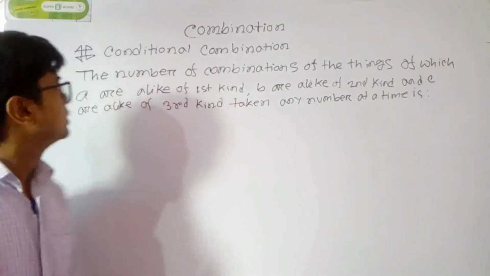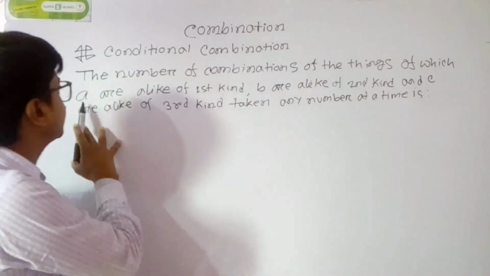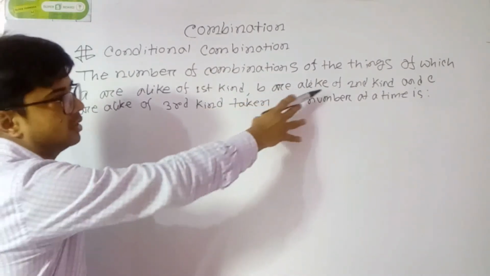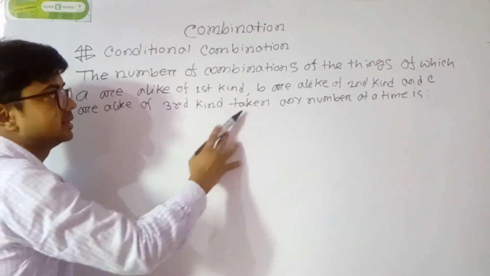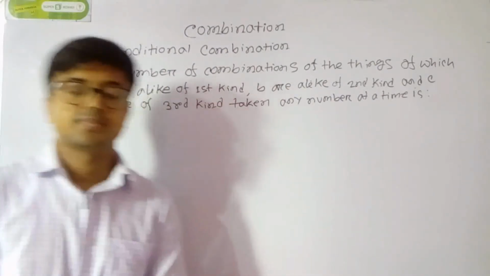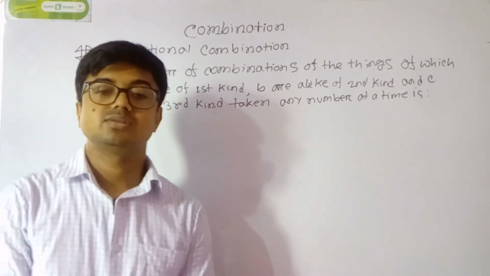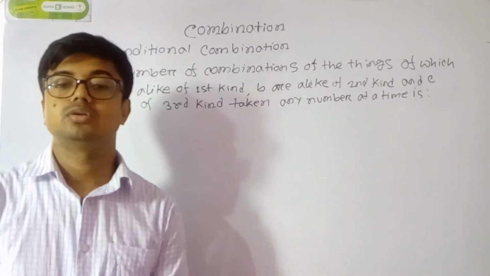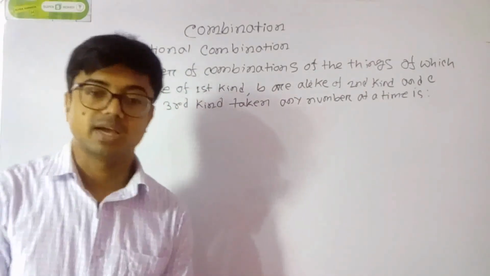Now another one. The number of combinations of things of which a are alike of the first kind, b are alike of the second kind, and c are alike of the third kind, taken any number at a time. Suppose a things may be disposed of in a plus 1 ways, for we may take 0 or 1 or 2 or 3 or a number of things from the first kind.